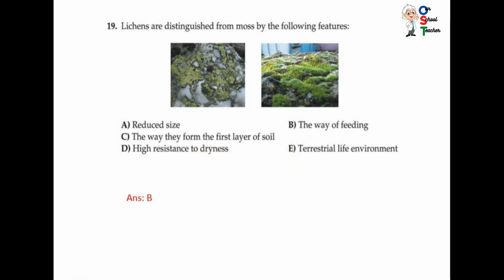The answer is the way of feeding, because moss are not exactly actual plants, but they do photosynthesis. Lichens depend on fungus and fungus depends on lichens, so the way of feeding is different.